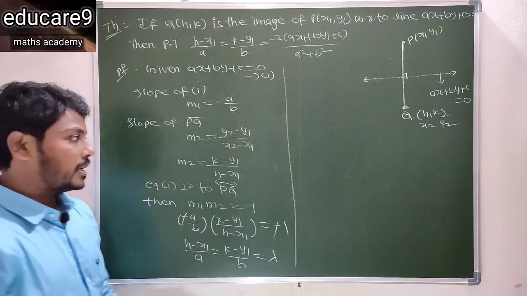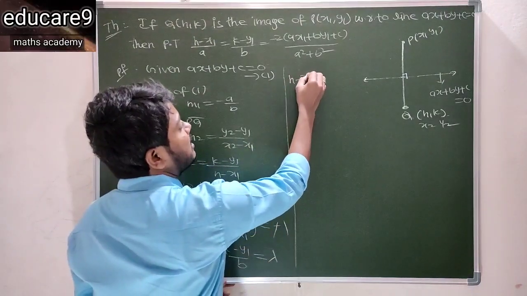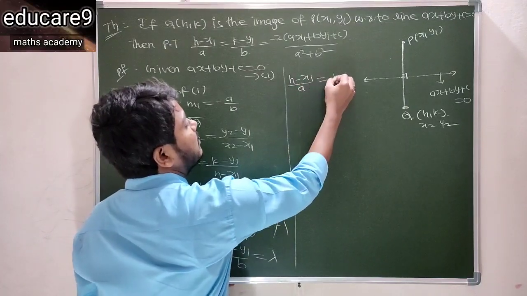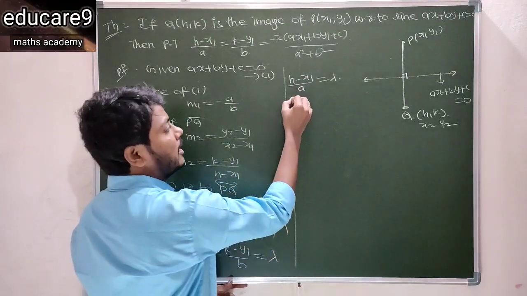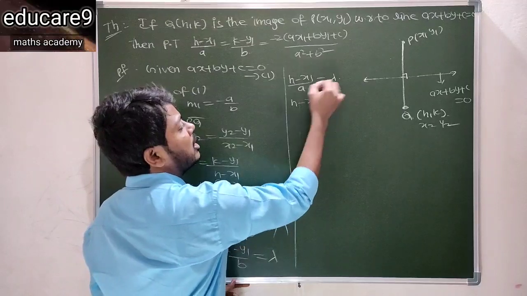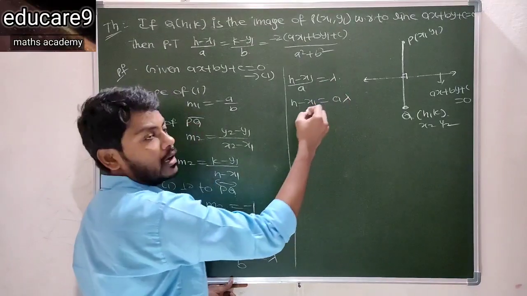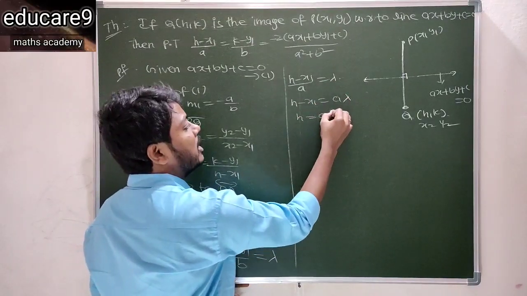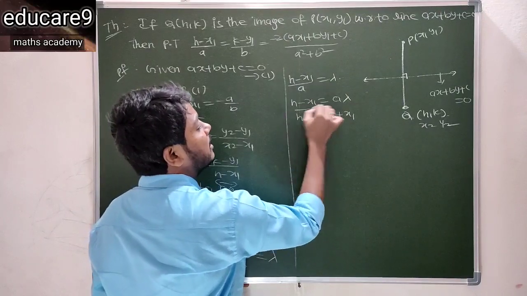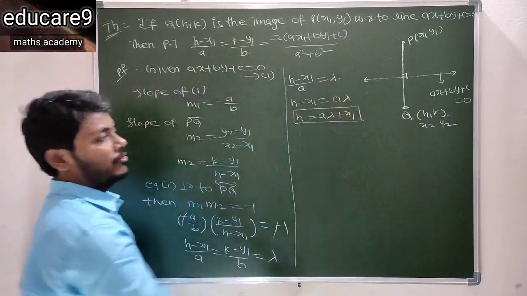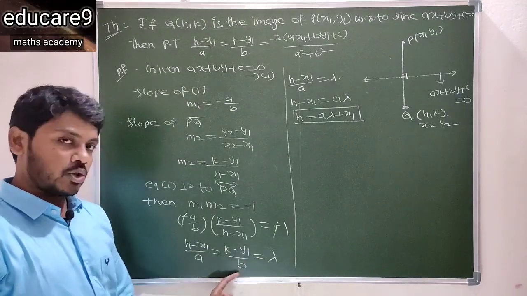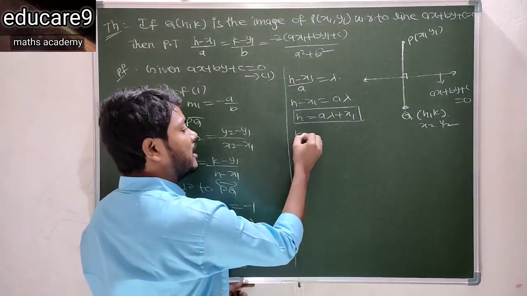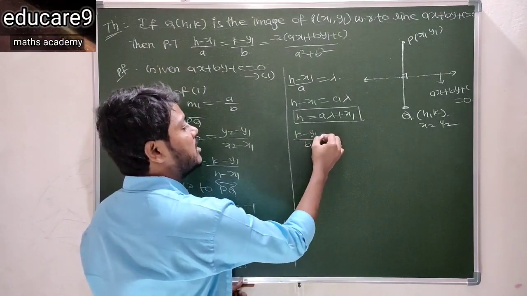Now equating first and last. So (h minus x1) by a is equal to lambda. So what you get? h minus x1 is equal to a lambda by cross multiplication. So from this, h is equal to a lambda plus x1. So this is the value of h. And equating these two, (k minus y1) by b is equal to lambda.